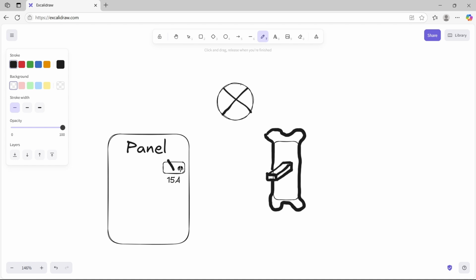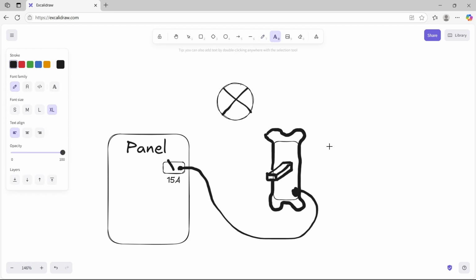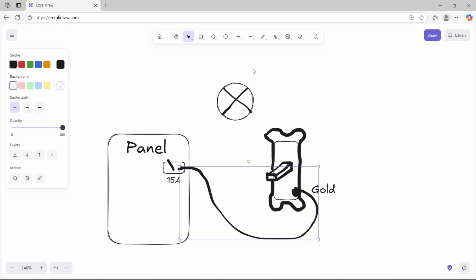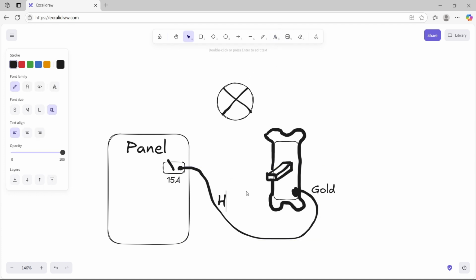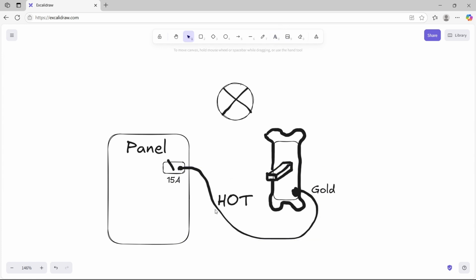Coming out of the breaker directly, we have usually a black wire, what we call the hot wire, and it will attach to a gold screw terminal on your light switch here. We call this wire the hot because if you touch it, you become the path to ground, and you will be shocked.